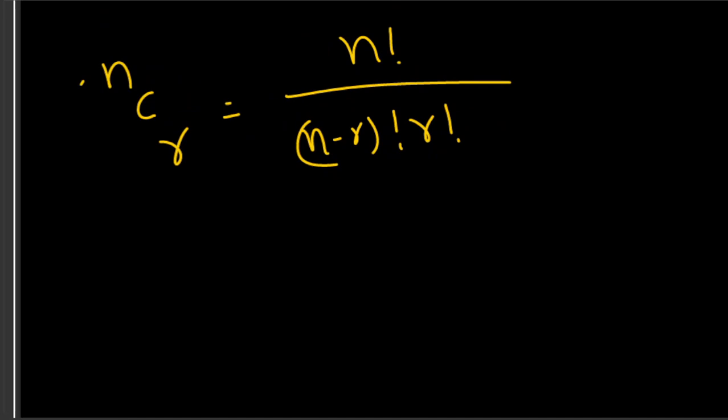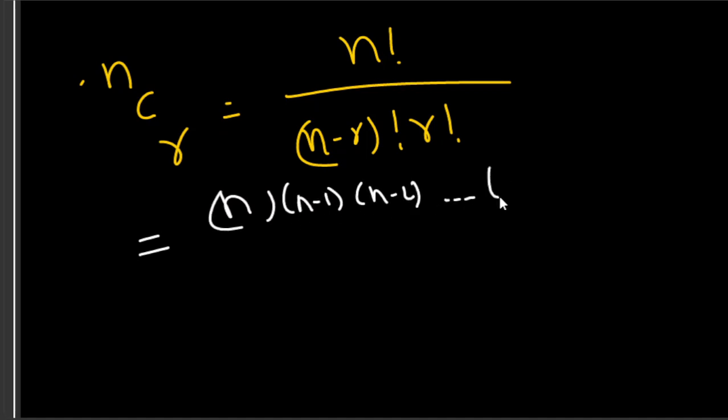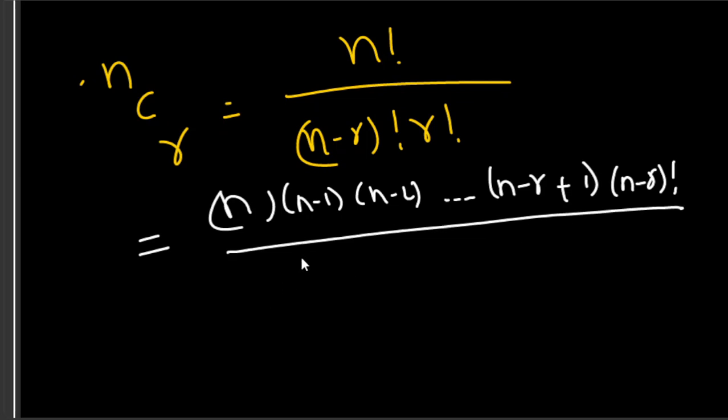Yes, sure. So how will I write n factorial? n into n minus 1 into n minus 2 into up to n minus r plus 1 into n minus r factorial, divided by n minus r factorial into r factorial.